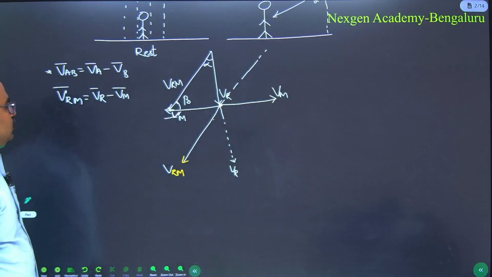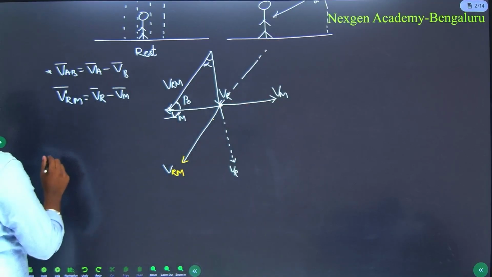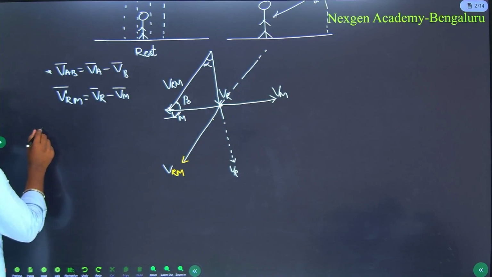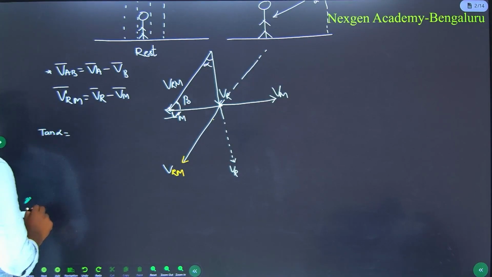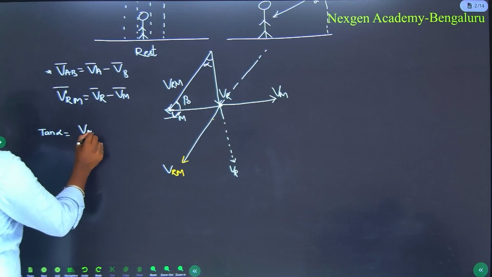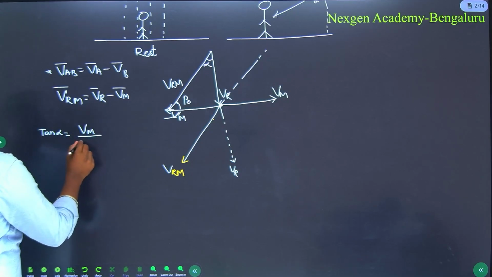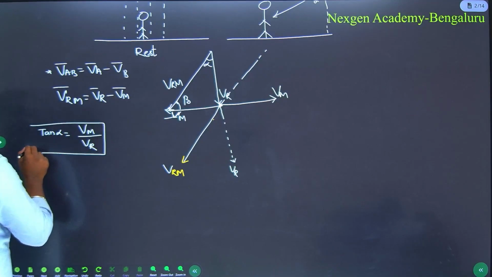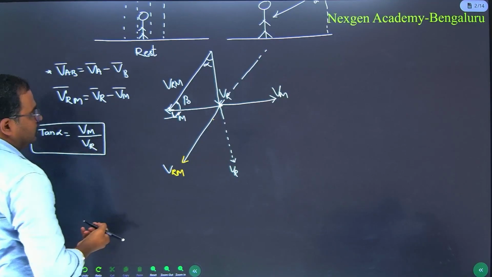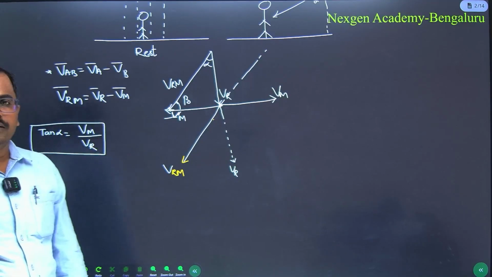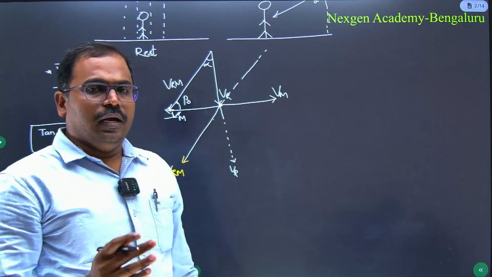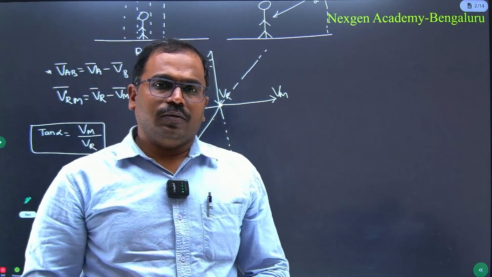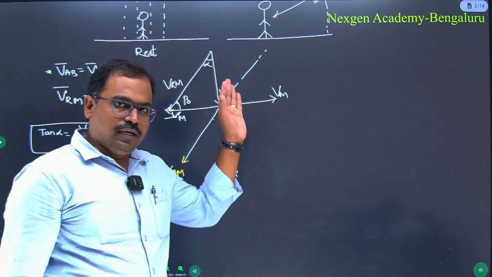Okay, right? So here, if you want to find that angle with the vertical, tan alpha is equal to, only magnitudes, Vm by VR, where VR is the horizontal. This is the angle at which we have to hold the umbrella with the vertical. Tan alpha is the angle made by the relative velocity of the rain with respect to man, Vrm, with the vertical, right?